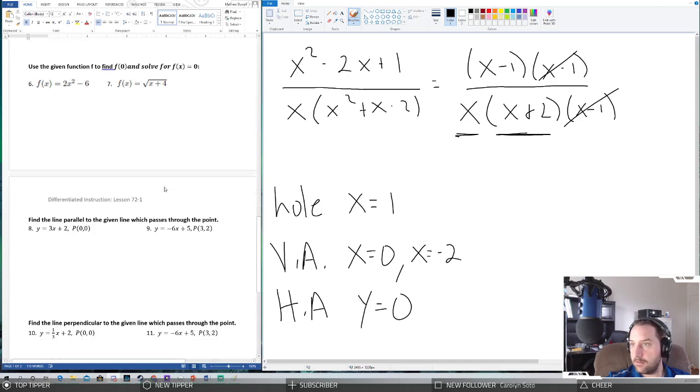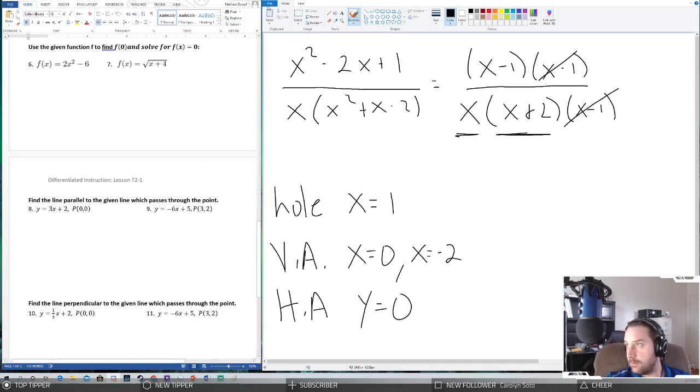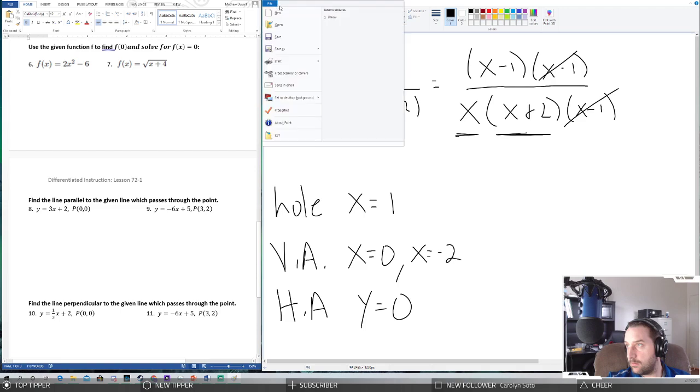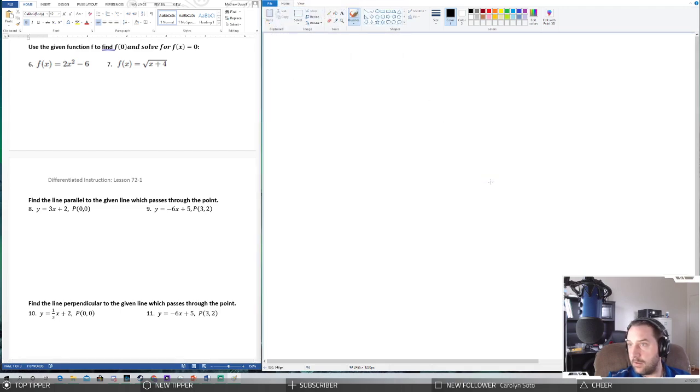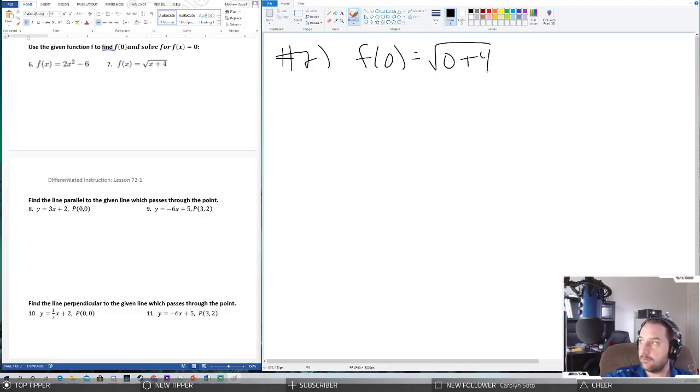Okay, next one. It says use the given function f to find f of 0 and solve for f of x equals 0. So I'll do number 7. The first thing is find f of 0. That means plug in 0 for x. So f of 0 equals 2.